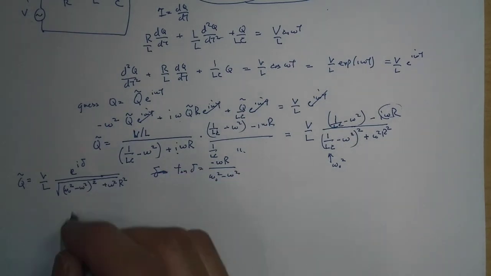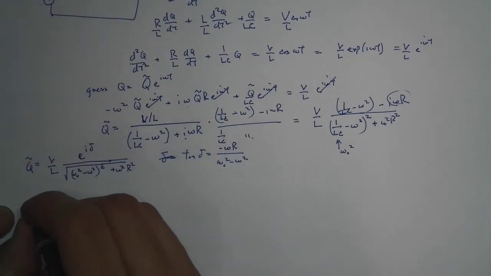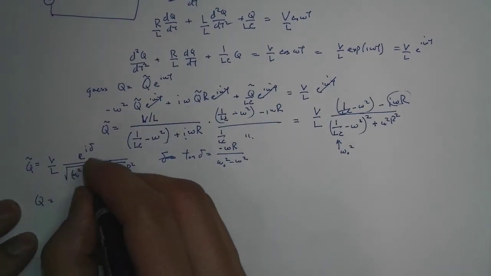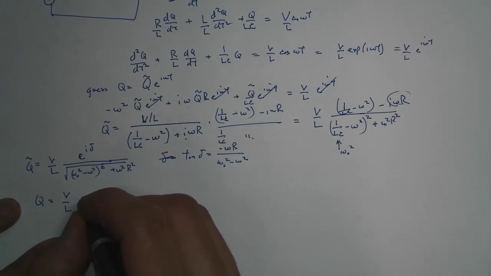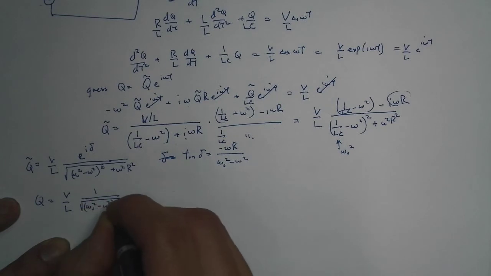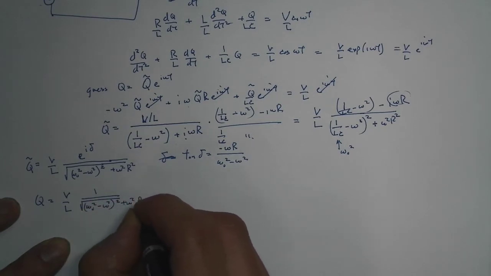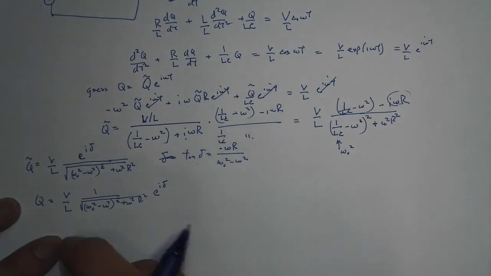Okay, so that's delta. And so the final solution for Q, Q squiggle, is V over L, 1 over square root of omega naught squared minus omega squared, entire thing squared, plus omega squared r squared, e to the i delta, where delta is just defined by that.